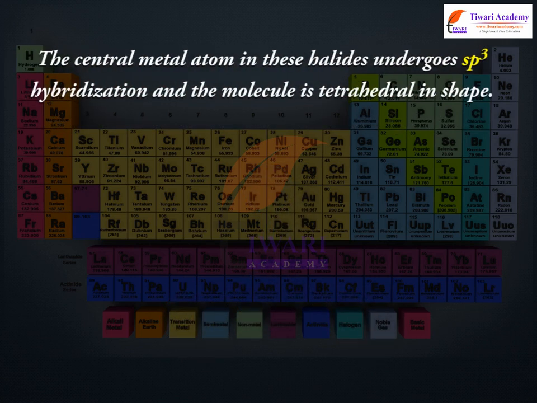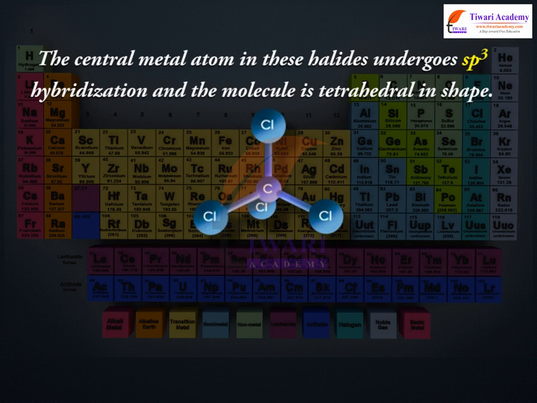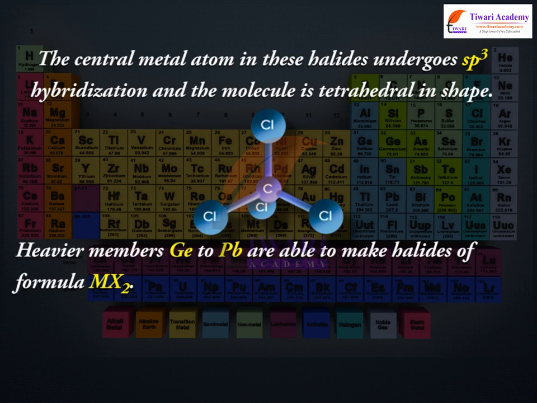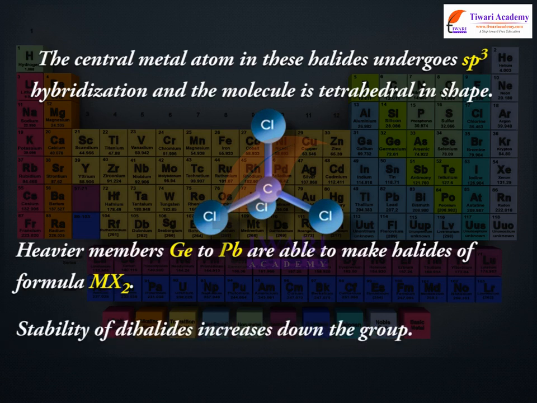The central metal atom in these halides undergoes sp3 hybridization and the molecule is tetrahedral in shape. Heavier members Ge to Pb are able to make halides of formula MX2. Stability of dihalides increases down the group.